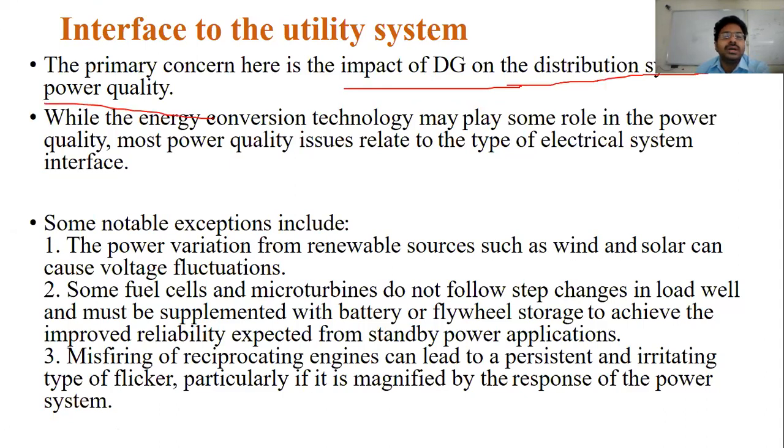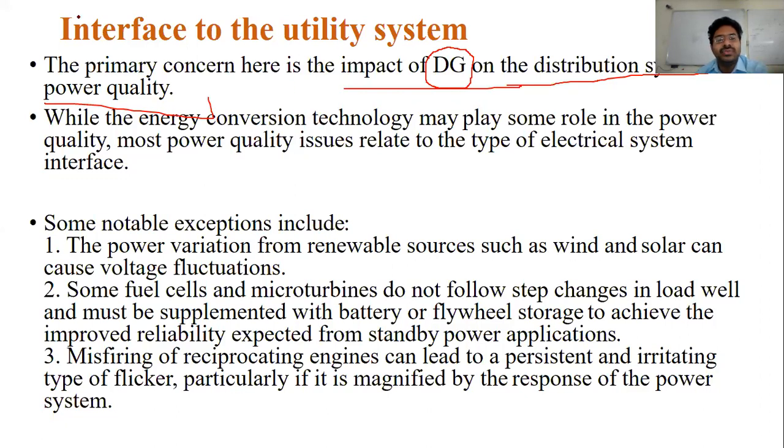These are interconnected, interfaced in the distribution systems, because the rating of the DGs is very small. That is why we introduce them very near to the load locations, and that is why we interface DGs to the distribution system in most cases. So the question here is, what is the impact of these DGs when you interface them in the distribution systems?